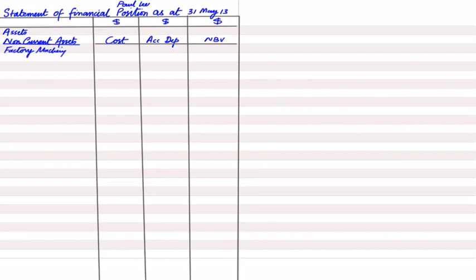We have 2 types of assets in this. One is factory machinery. As you may see in the third item in the question, factory machinery cost is mentioned as 210,000. Then previously we have provision for depreciation, that is 75,600. The question already states the provision for depreciation for previous years as 75,600.